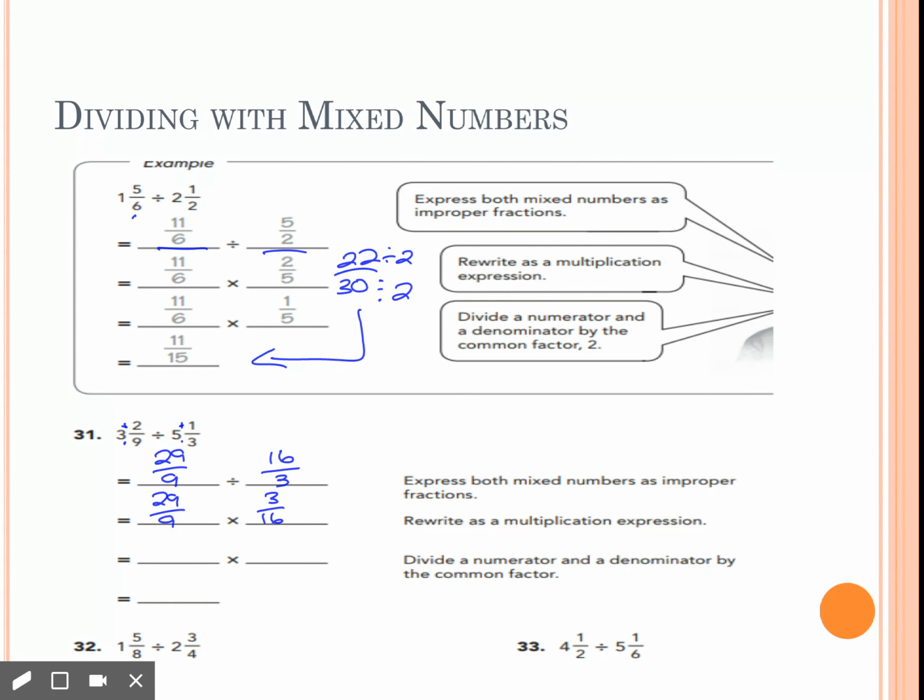So 29 times 3. 9 times 3 is 27. 3 times 2 is 6. Plus 2 is 87. So I'm getting 87 over 16 times 9, which is 144.